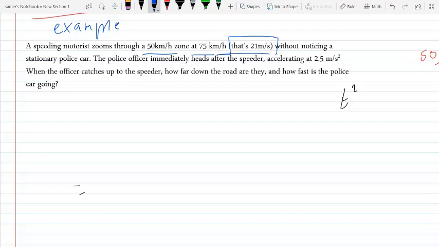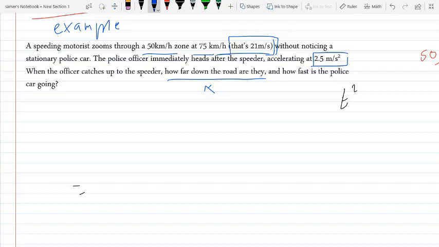This is the velocity of the speeding motorist, who passes without noticing a stationary police car. There was a police car there. The police officer immediately heads after the speeder, accelerating at 2.5 meters per square second. When the officer catches up to the speeder, how far down the road are they?